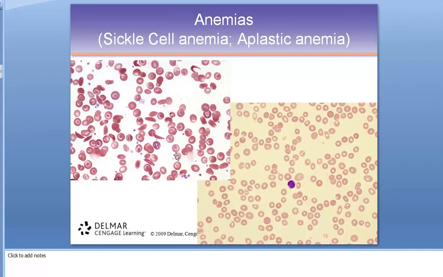As you see in the center part, that sickling means that unlike normal red blood cells, the sickle cells will clump on each other and cause occlusion of the vessel. And here is another view of a sample of sickle cell anemia. You can see the sickled cell here and here, but also note that not all of the cells are sickled.